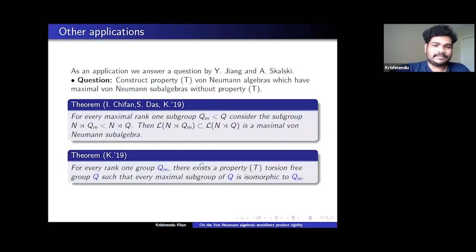So basically, you can take this last theorem: for every rank 1 group, by rank 1 I mean a subgroup of the rational numbers with addition, there exists a property T torsion-free group such that every maximal subgroup of Q is isomorphic to Q_m. If you start with such a group and look at the corresponding inclusion, then this is a maximal von Neumann subalgebra, and it does not have property T since it's subject to Z.